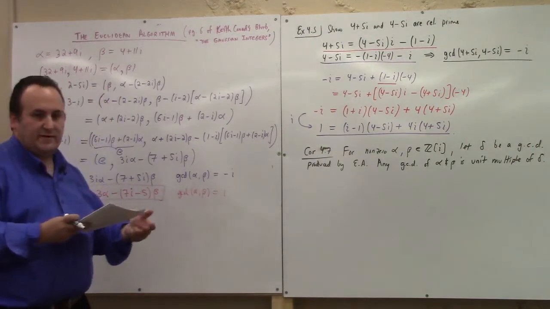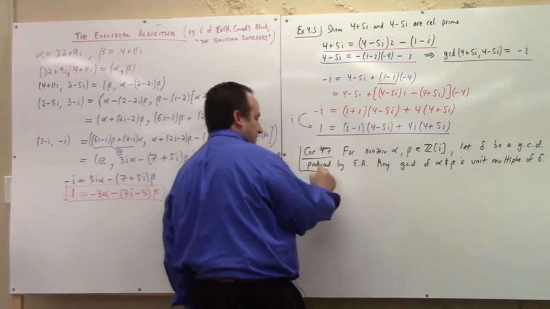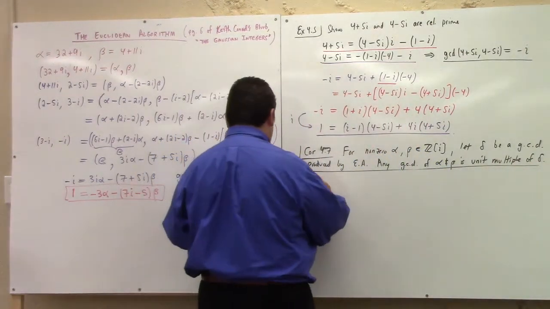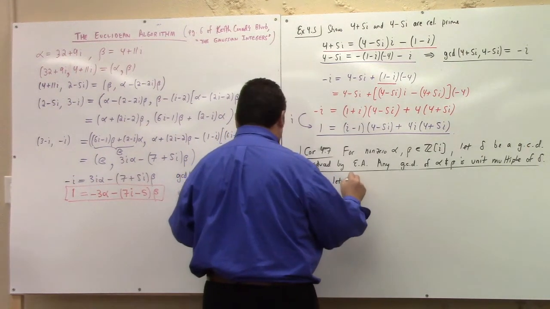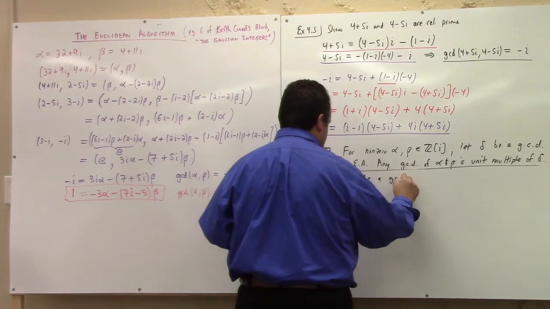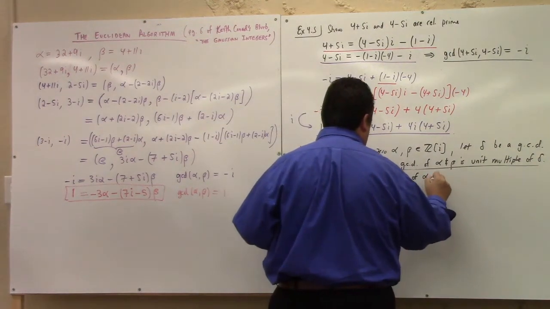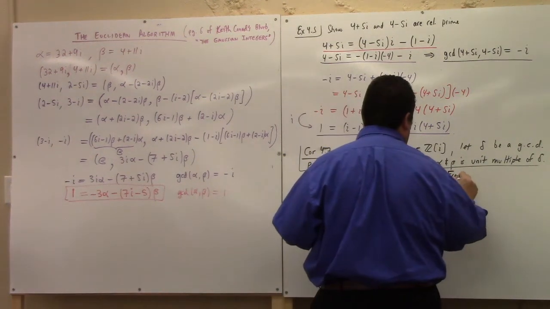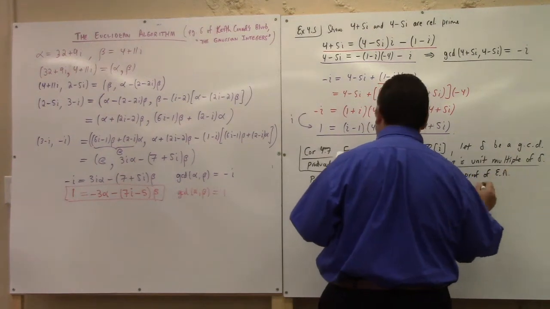I claim this, right? I've already claimed this. I've been saying this in the numerical examples, but I haven't proved it yet, have I? Here's the proof. Let delta prime be a GCD of alpha and beta from the proof of the Euclidean algorithm.